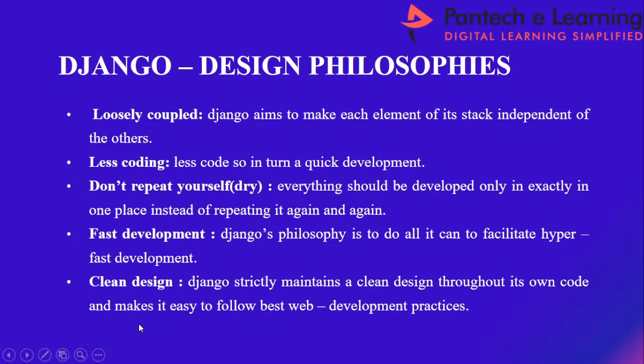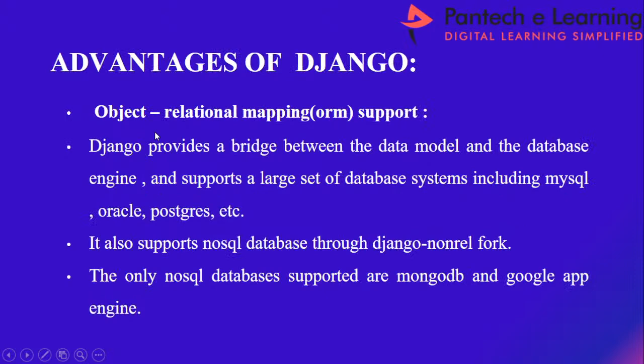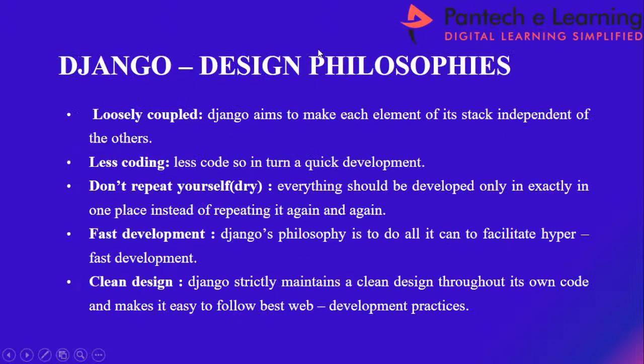All these are the important features of this Django framework: faster development, clean design, less coding and loosely coupled. Clear with this? Whenever you are considering any type of framework, you should understand what type of design model it is following, how this framework works and how we are going to get important prediction results. All these are the important design philosophies of this Django framework.